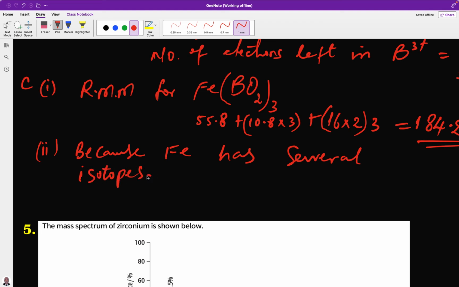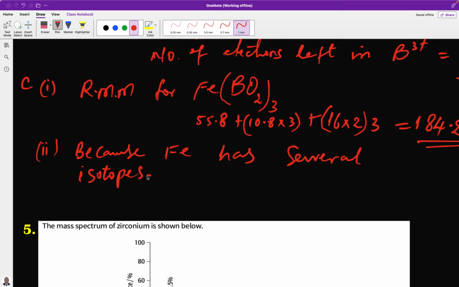So the relative atomic mass of any element, once it is in decimals, not a whole number, know that it is as a result of the isotopes there. Because to calculate the relative atomic mass, we say it is the average mass of naturally occurring atoms of an element.